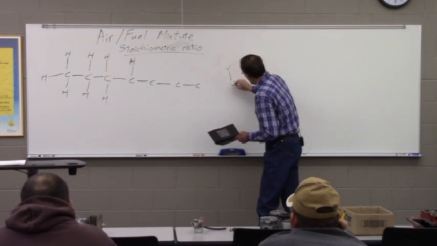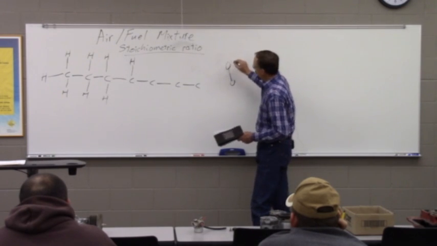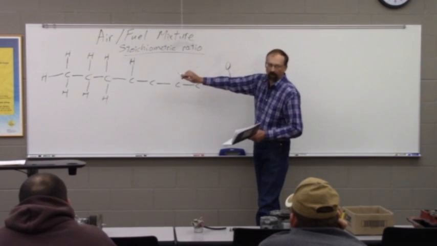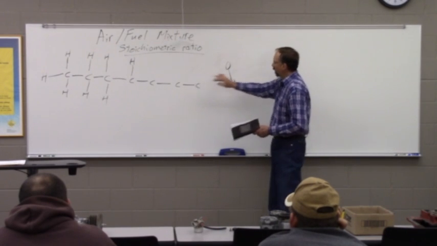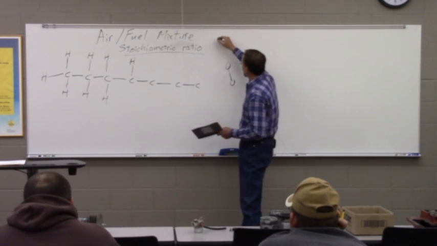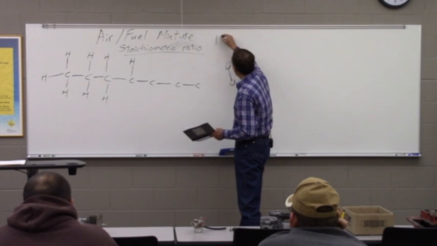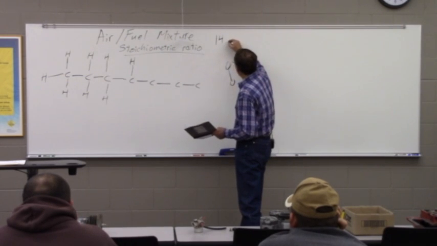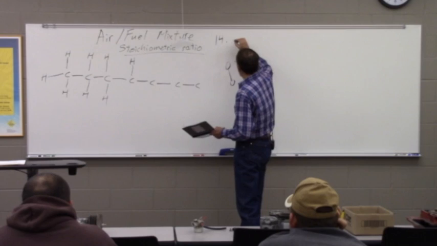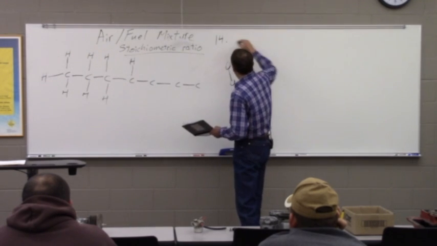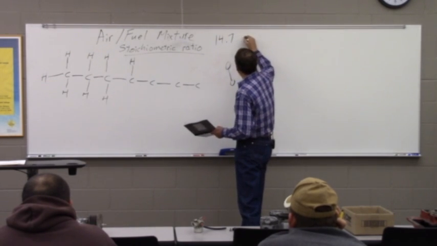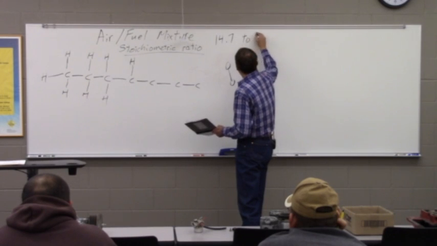Our O2 is 2 oxygens like this, and we want enough of these to balance out with our hydrocarbons. So the ratio that's published is 14.64, blah, blah, blah, but we're going to call it 14.7 to 1.